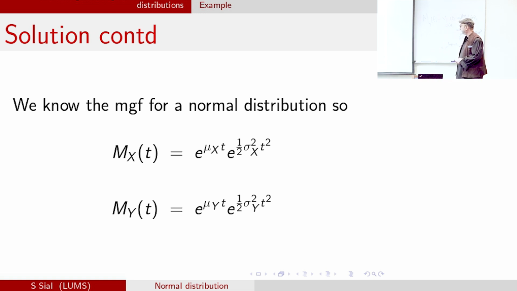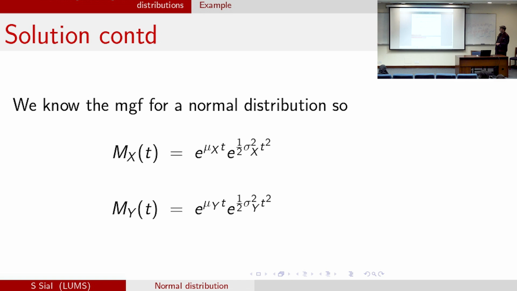We worked out just now that for a normal random variable x, its MGF looks like e to the expectation of x times t, times e to the 1/2 variance of x times t squared. And similarly for y, this is what the MGFs of the individual normal random variables look like.